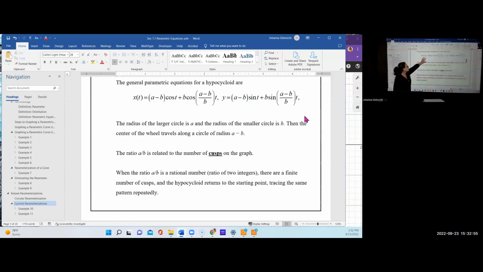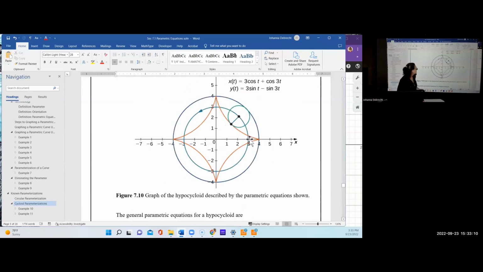In this equation right here, the radius of the larger circle is a, and the radius of the smaller circle is b. And so the center of the wheel, the inside one, is traveling around a circle of radius a minus b. So when we're looking up here at this, we have this radius of a, which is on the outside, which I could draw right here.